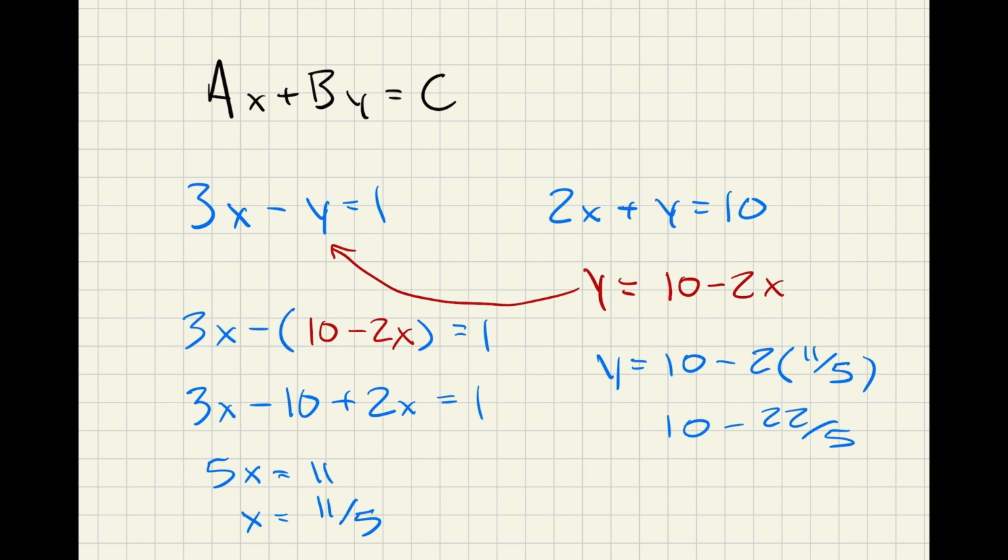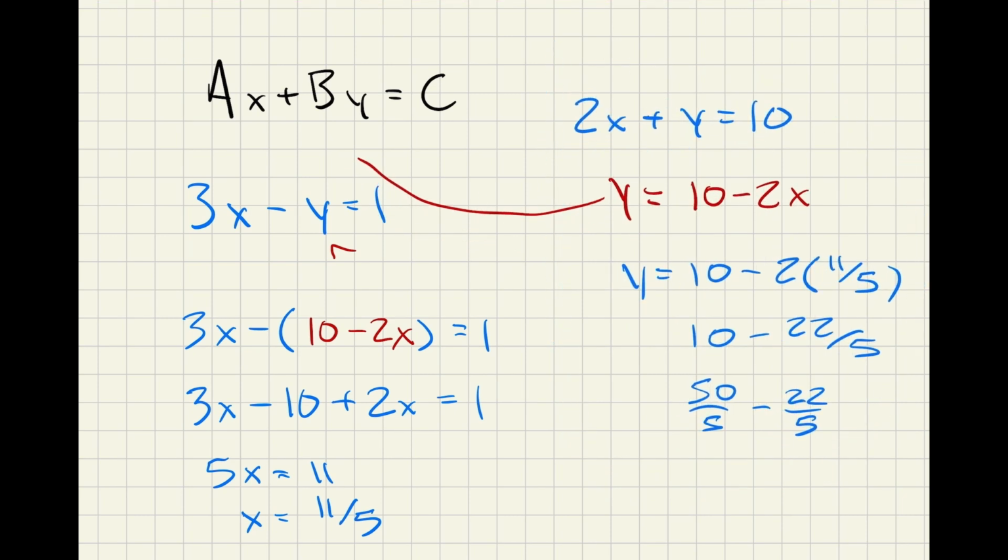And then we can go ahead, change this 10 into a 50 over 5, since that is equal to 10, and subtract 22 over 5, and we see here that y is equal to 28 over 5.